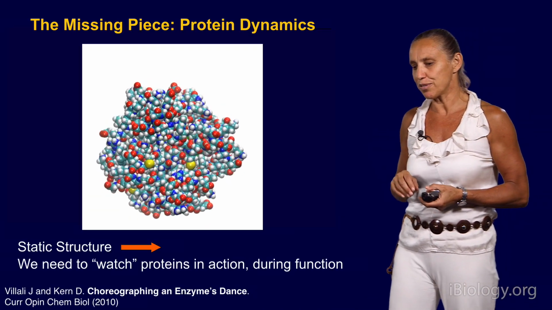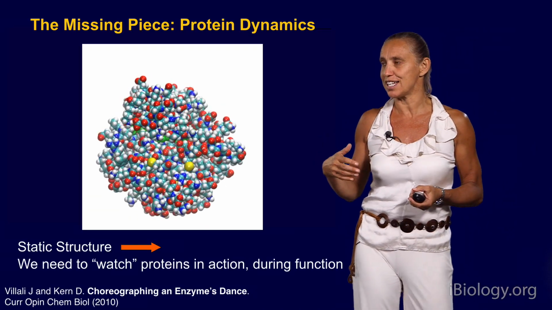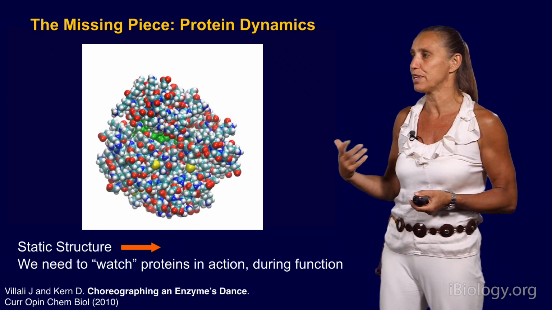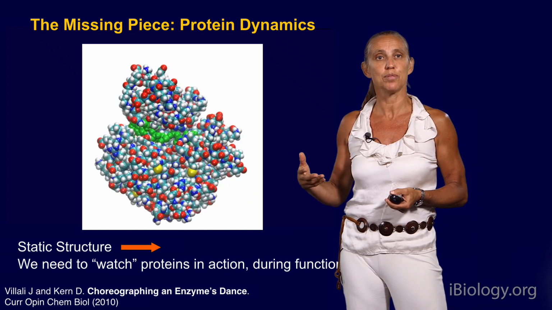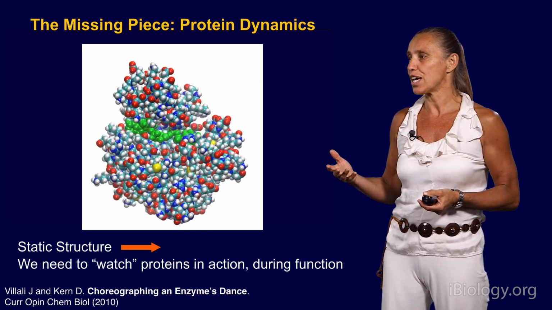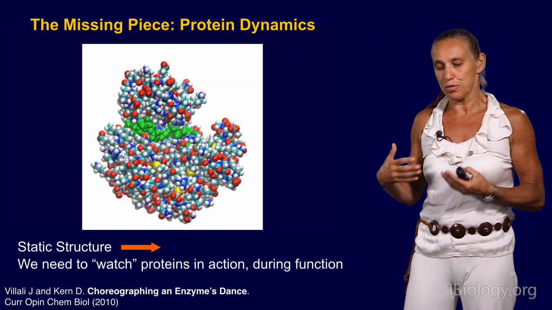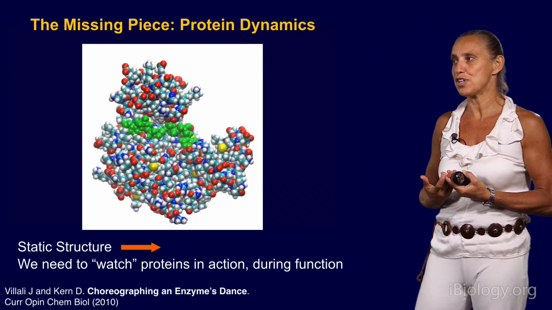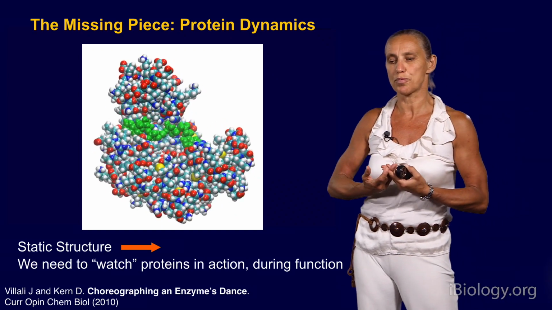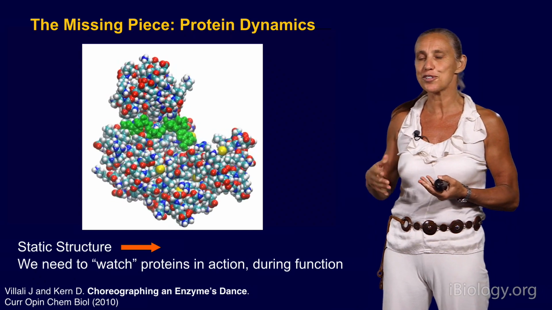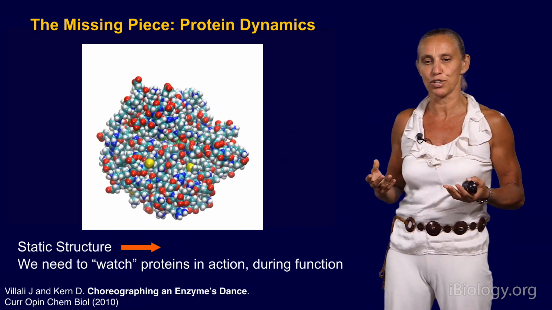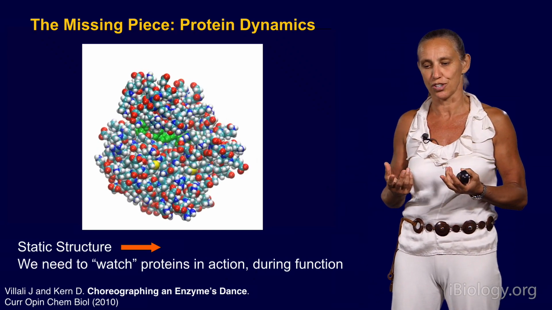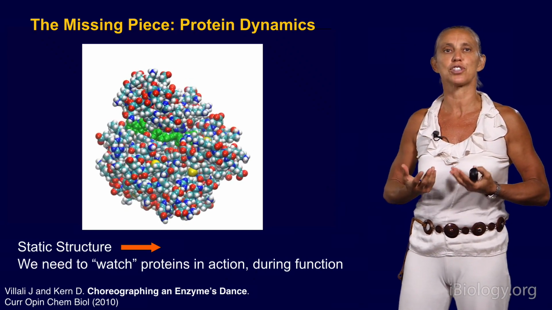So I was arguing that the missing piece for a better success rate for rational drug design could be protein dynamics. So in other words, we would have to understand the dynamic features of proteins and incorporate them in our rational drug design. And of course, that was born out of our very basic research of looking at protein dynamics, which are essential for the natural function of proteins.